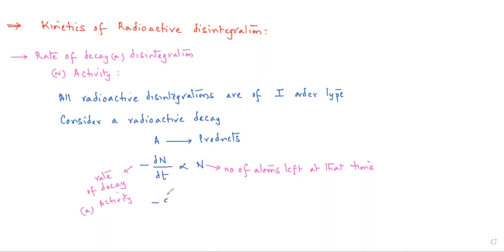Now, this can be written as equal to lambda N, where lambda is a constant called decay or a disintegration constant.